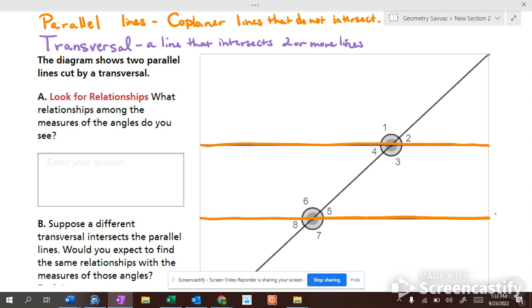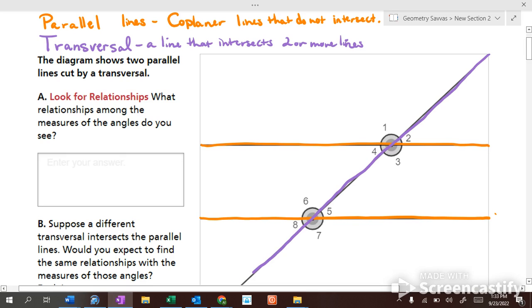And your transversal will be the purple one. So the purple one's a transversal. It does the intersecting of the two parallel lines. The coplanar lines do not intersect. They never cross each other. Okay? Parallel lines never cross. Like our ceiling tiles have some parallel lines. Our floor tiles have parallel lines.